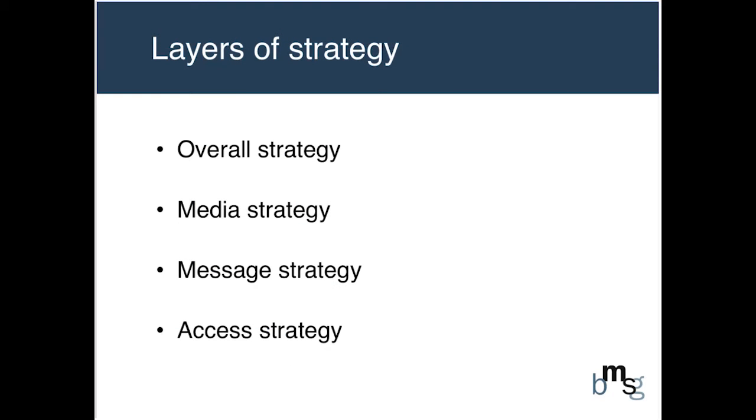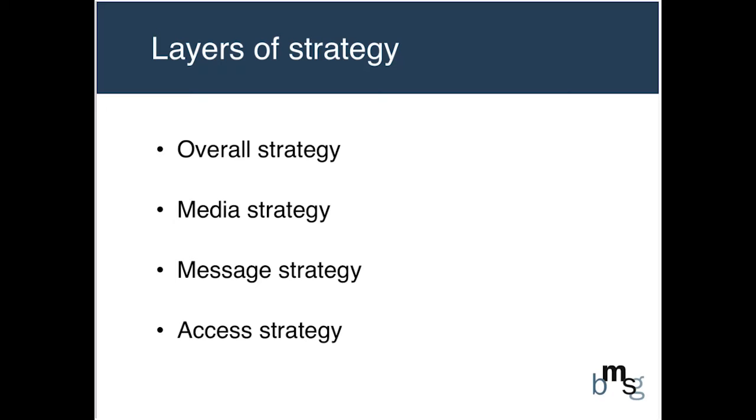So one other key idea that we want to use before getting into the core topic of this webinar, which is how do we use the one-year anniversary of the new administration as a news hook to get coverage around the issue, is the idea of layers of strategy.